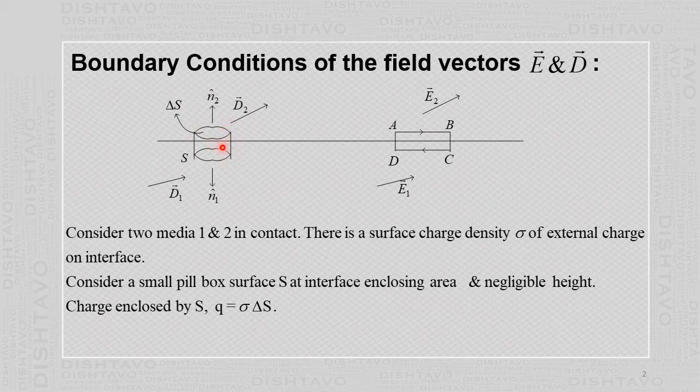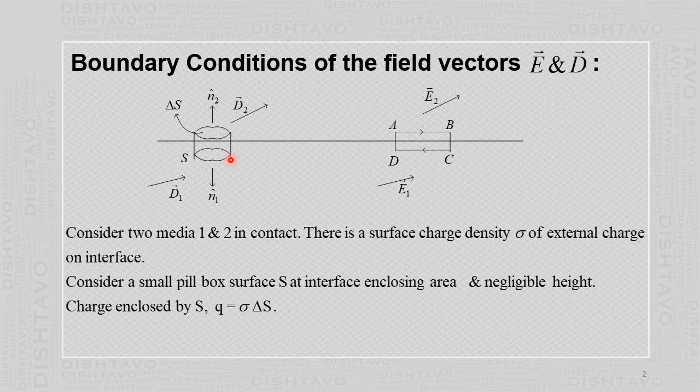Part of that surface is in dielectric 1 and part is in dielectric 2, and we take this closed surface as a pillbox. Pillbox means just like a tablet. The height is very small compared to the area of the cross section. So this surface S we have taken, the height will be negligible, and the area of the top is delta S and similarly the bottom area is delta S.